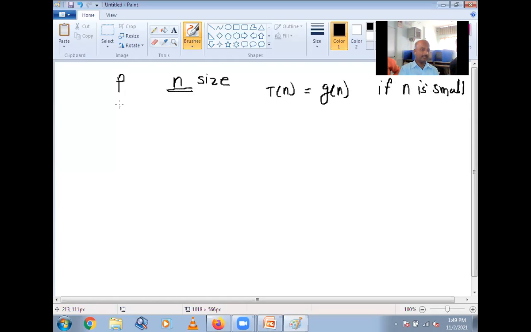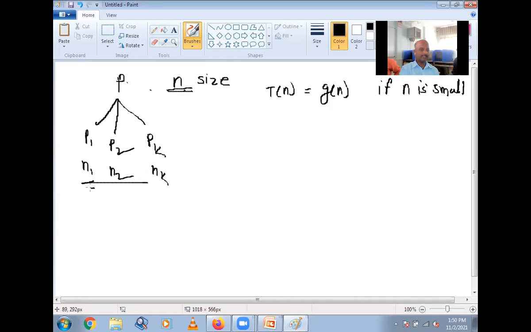If problem P is large, then divide it into sub problems P1, P2 up to Pk. If n is the size of this problem, then the size of P1 is n1, P2 is n2, and size of Pk is nk.